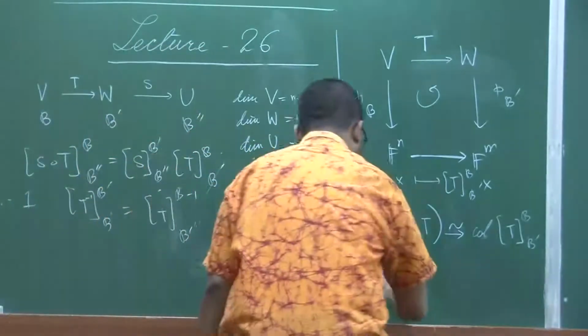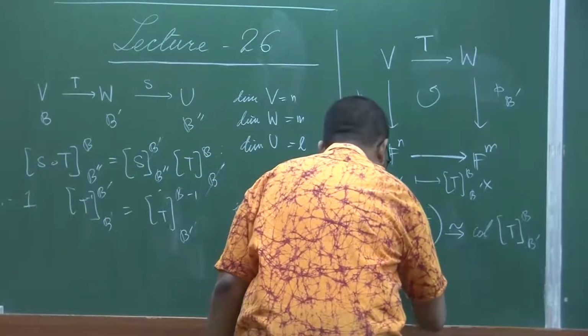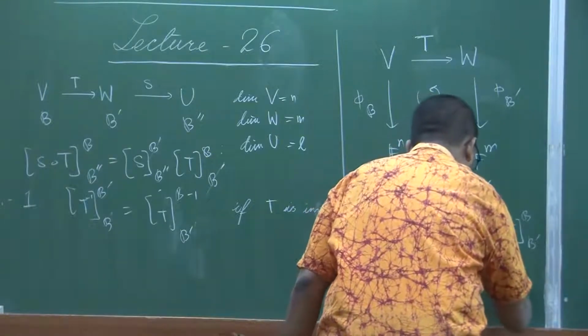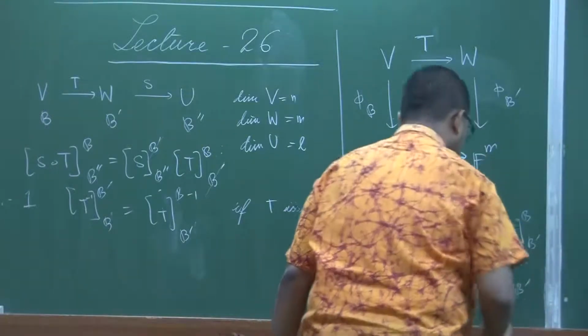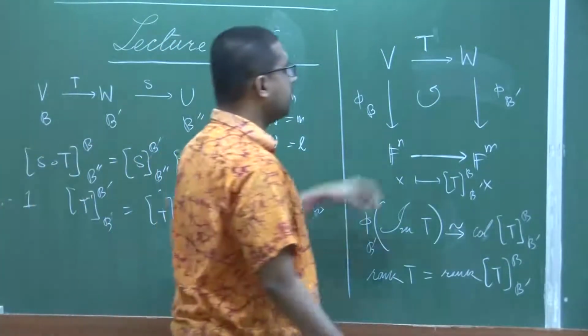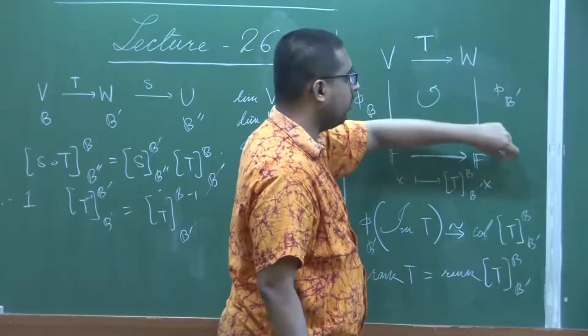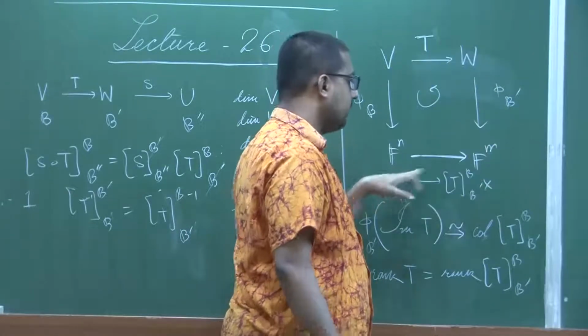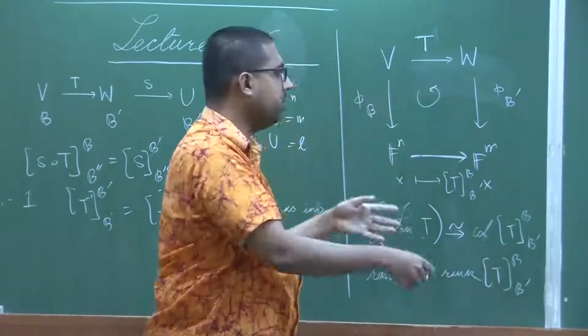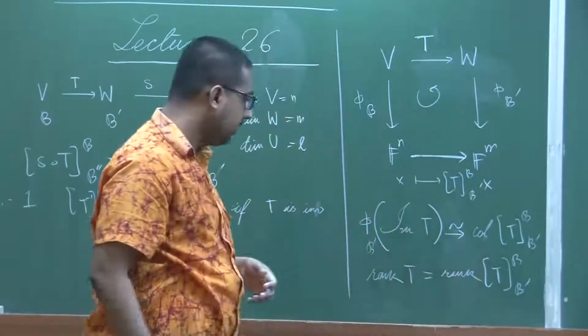So the rank of T is the same as the rank of the matrix. That is very easy to see, because if somebody is in the image, then you drop it by phi_B', and that lies in the image of this, because that is how the whole thing is made.